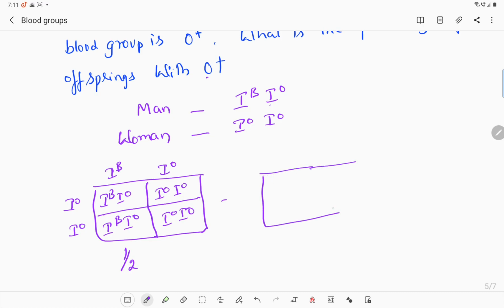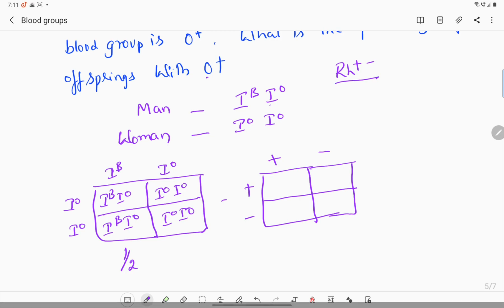If we take the heterozygous condition for Rh factor, heterozygous means here a positive-negative woman, like this, Rh plus and negative. Okay. So Rh plus and negative means it is heterozygous Rh positive. Heterozygous Rh positive. So here positive, positive, here positive, here positive, negative, here negative, negative. Okay.